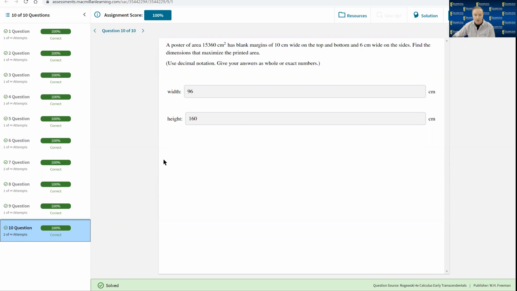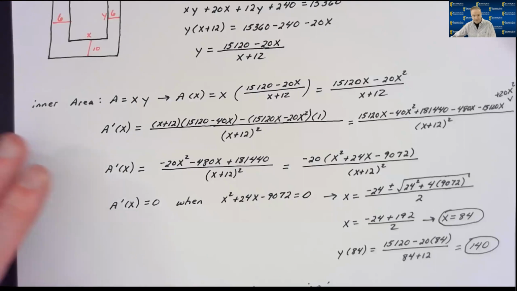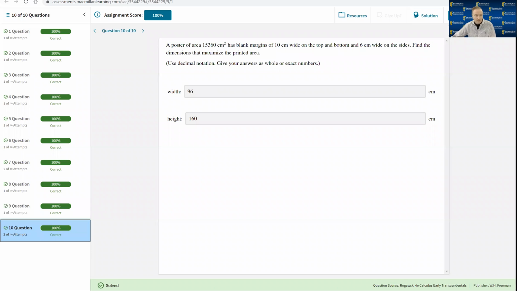Okay, so when I'm going into this and answering my question, actually, I think that they've worded the question wrong here. It says find the dimensions that maximize the printed area. You'll see it took me 2 attempts to get to this answer. Now, is that because I was wrong to begin with?